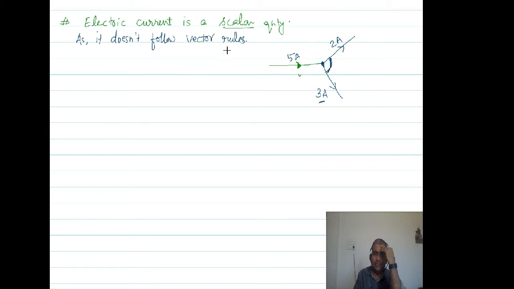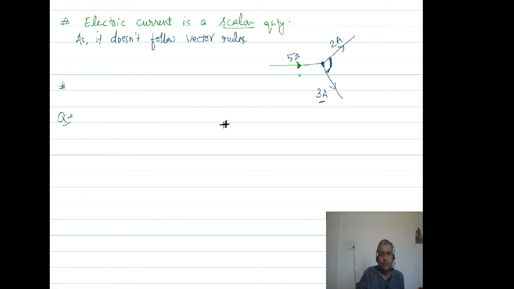This is the simple reason for the scalar characteristic of current. Now let us take a few illustrations in order to get a clear picture of current. So now come to a few questions.